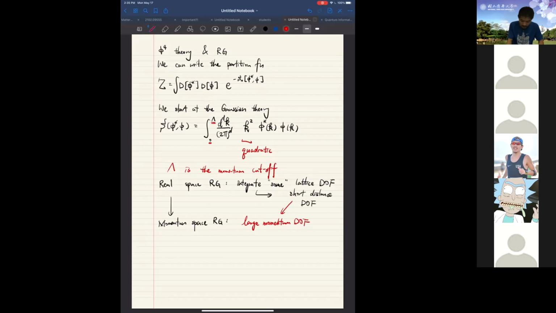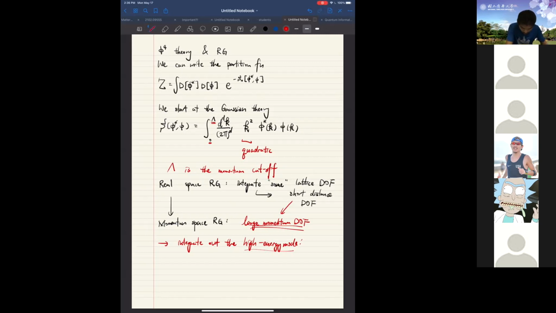The idea of the momentum space RG is the same spirit as the real space RG, where we integrate out the high energy mode. In this case, the high energy mode corresponds to the large momentum degrees of freedom, right? So that's pretty clear for the setup.